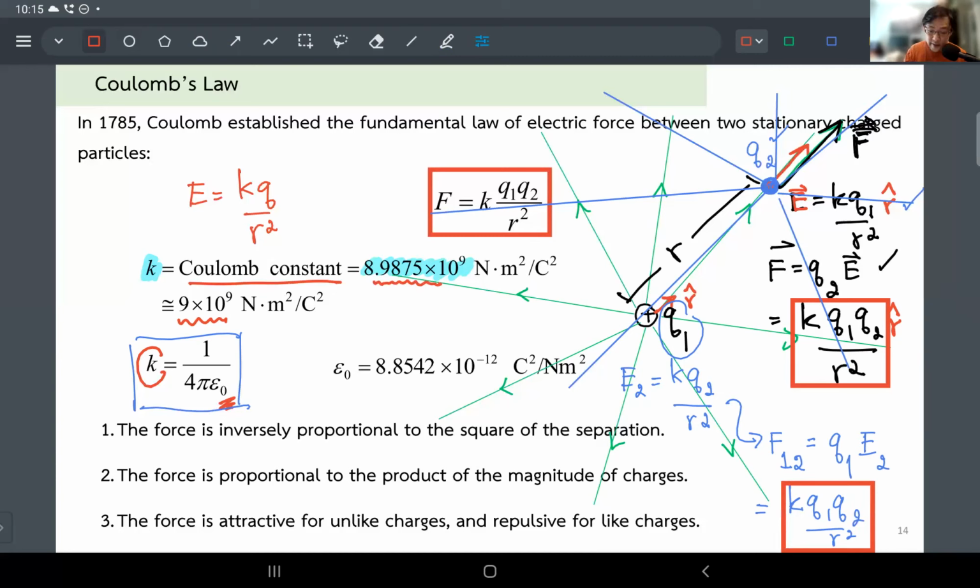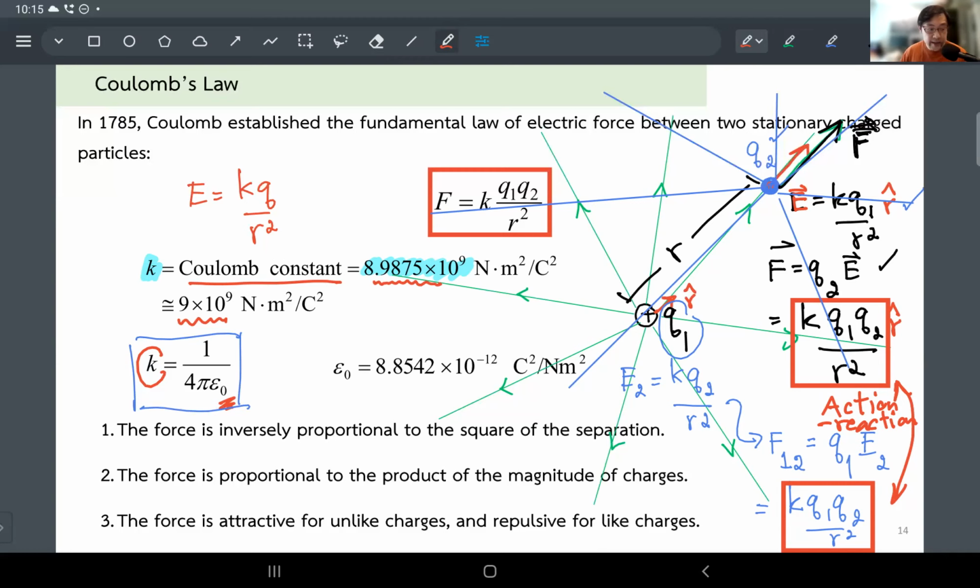And that's good. The reason I'm saying this is good is because this is the action reaction, Newton's third law. We say that every force in this universe has to come in pairs. So that means if you know how to calculate the force that Q1 is acting on Q2, then the Q2 will act pretty much the same amount of force on Q1.